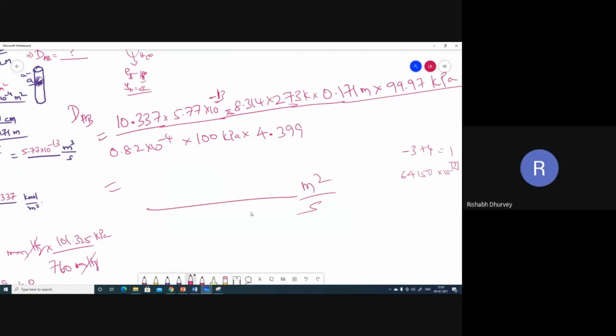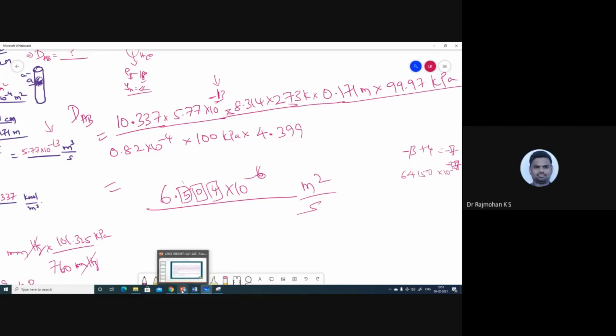That will take care, I think. So it is 10 power minus 13. Please correct that. So we will get in the range of 10 power minus 6. Yes, sir, 6.504 into 10 to the power minus 6.